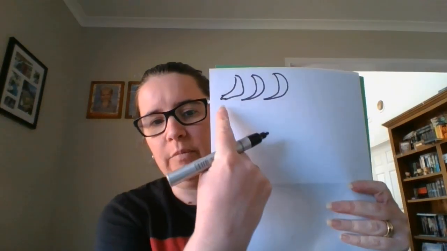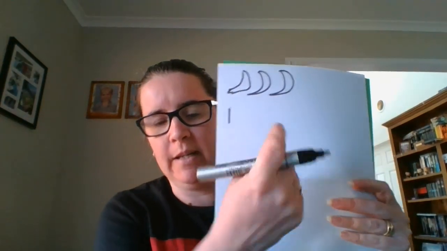And a tally mark is just a straight line, and it looks just like that, like a 1. Now, I have got 1, 2, 3 bananas, so I would have to draw 3 tally marks. 1, 2, 3. So I know that I have 3.